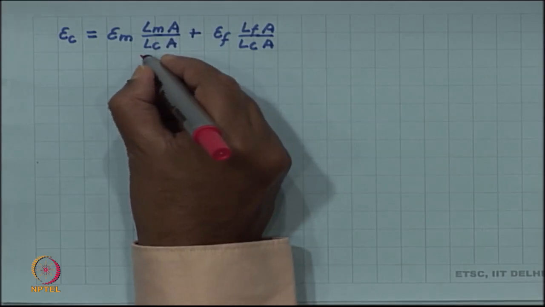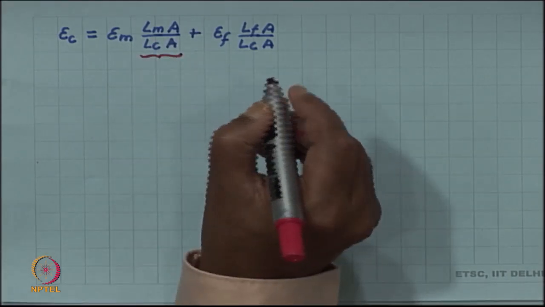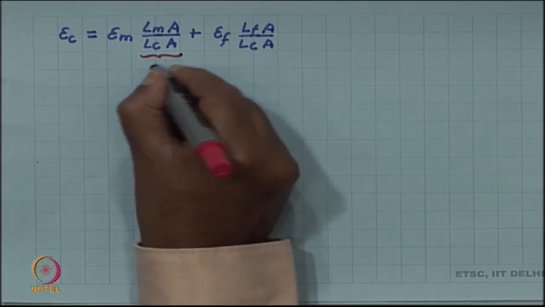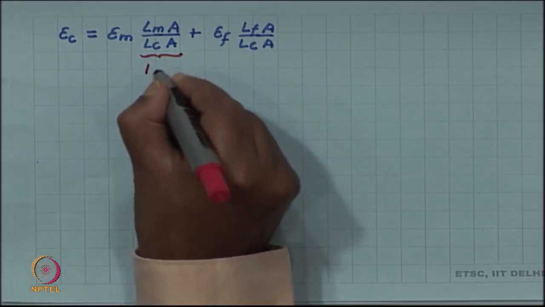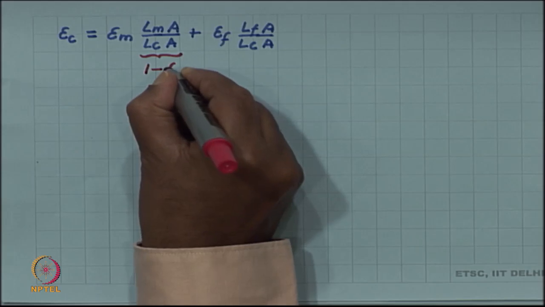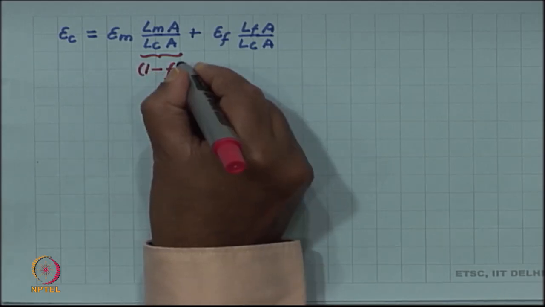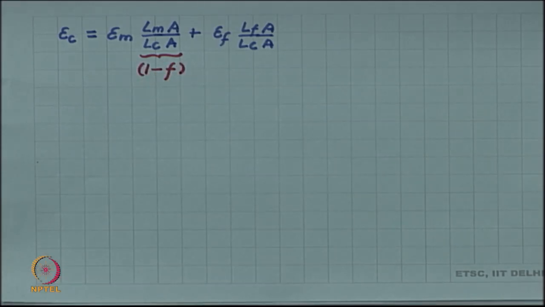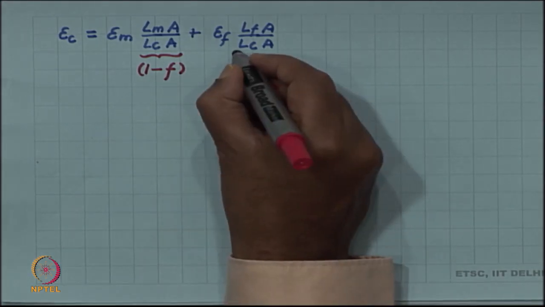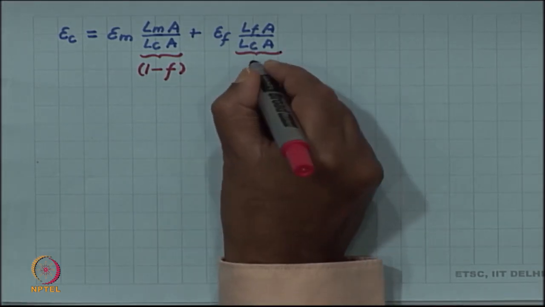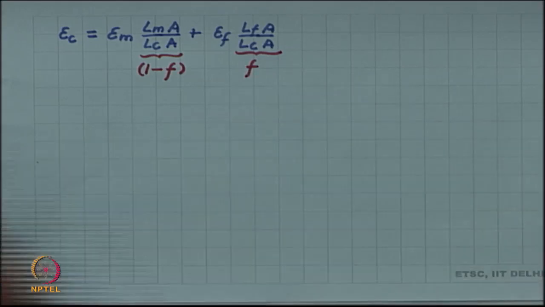So, this is volume of the matrix divided by volume of the composite, the volume fraction of the matrix, which is 1 minus the volume fraction of the reinforcement, and this is nothing but volume fraction of the reinforcement F.